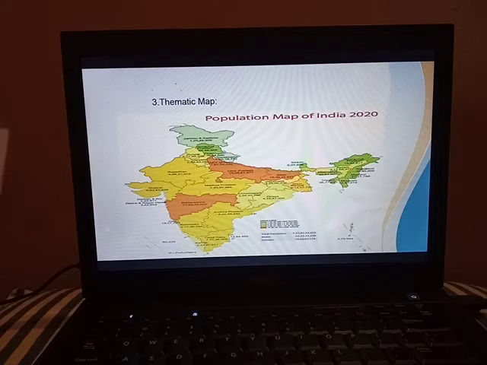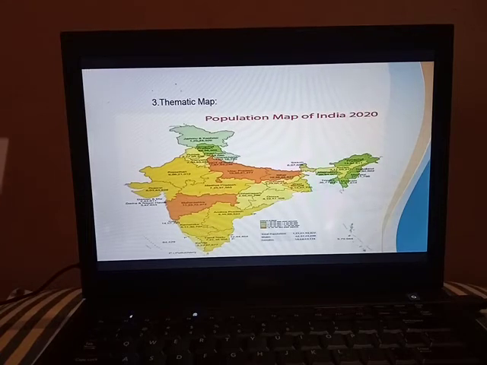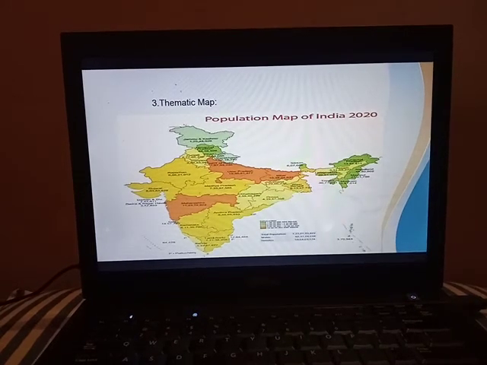Also minerals like iron ore, copper, zinc, gold, silver: where the deposits are more largely found, in which state or district, we can study in detail. And population: for a census or survey, which state has the highest population, and which has the highest population in the country.